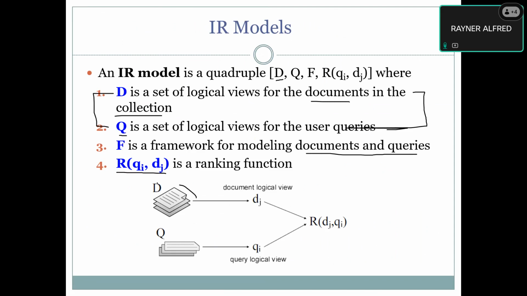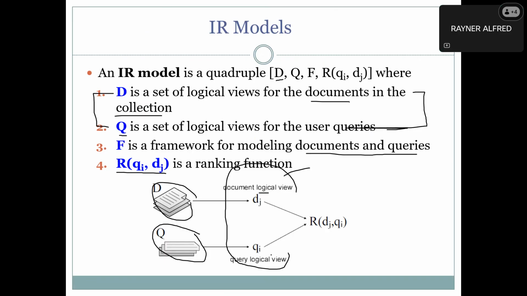The ranking function should be able to rank the documents based on the query given to you. So this is a set of documents, a set of queries, and we must be able to represent them. Logical view means it's coming from logic, right? So it should be in binary format, or higher order, which is numbering.